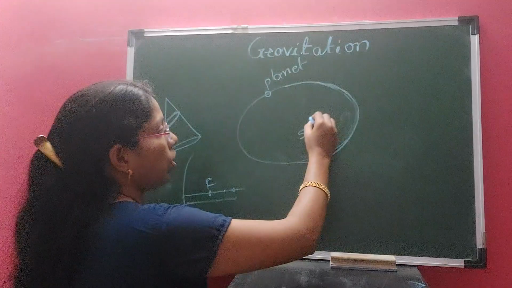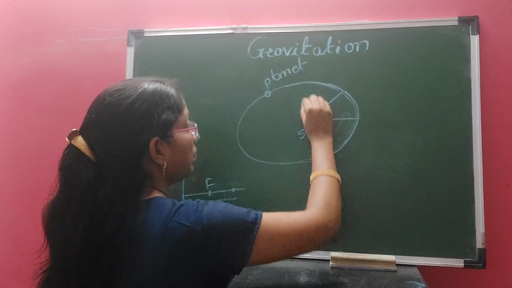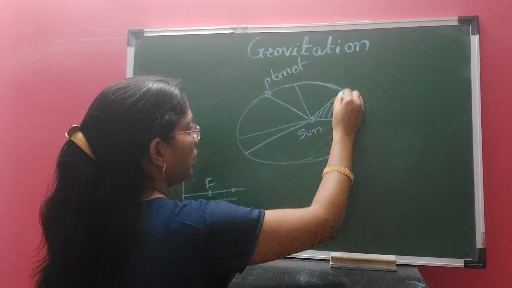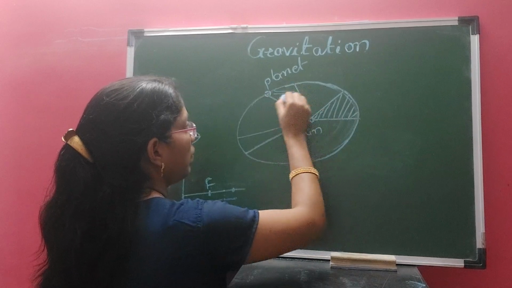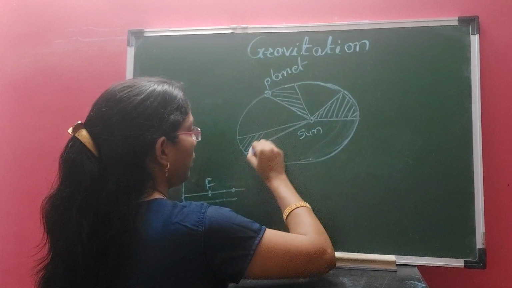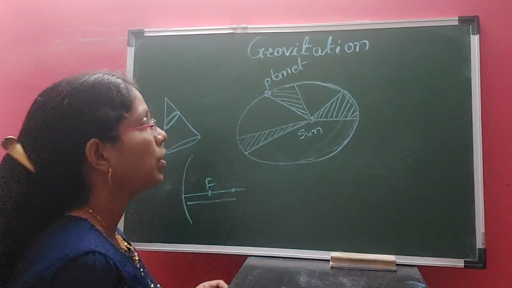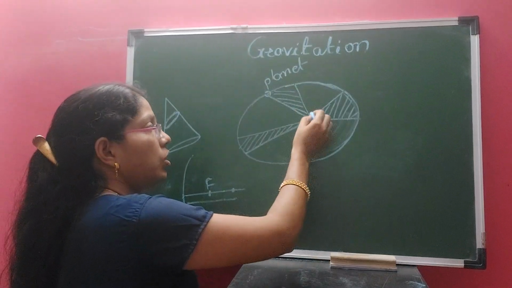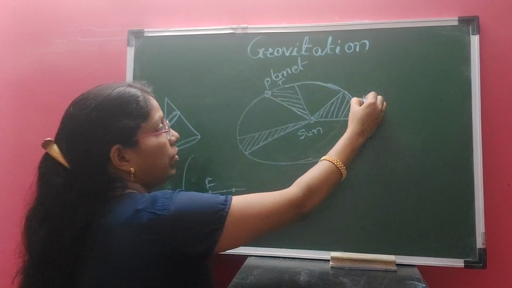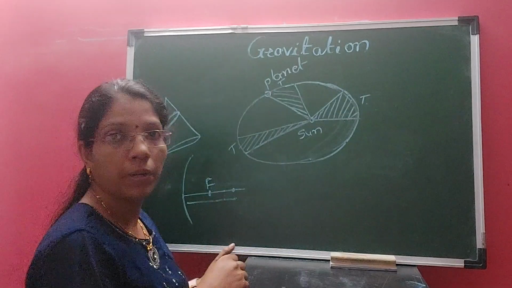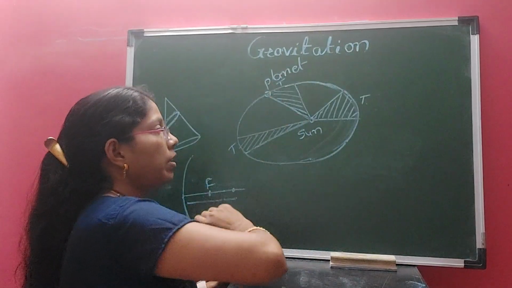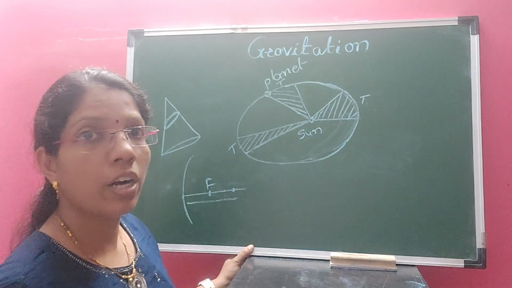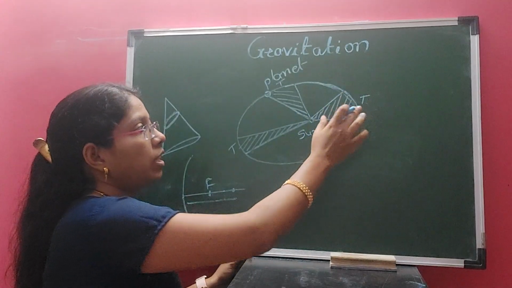So the next law is Kepler's second law. It states that the line joining the planet and the sun sweeps equal area in equal intervals of time. Suppose this area is covered in time interval T, this one also requires the same time interval T. In the same time interval, the area covered by the line joining the planet and the sun is equal.